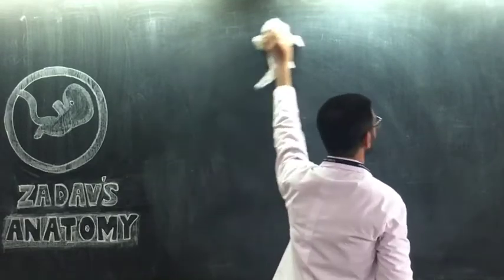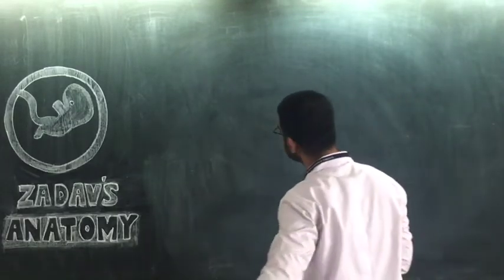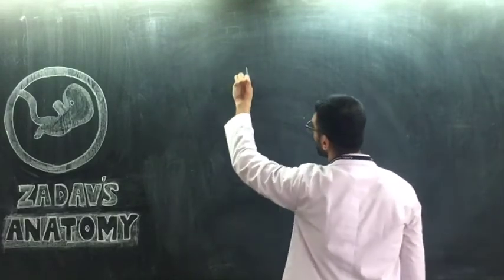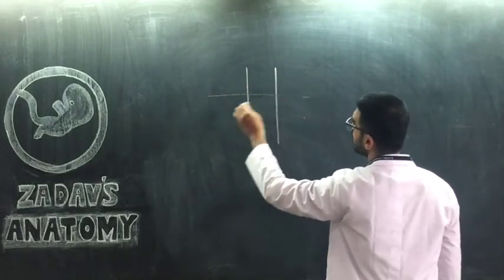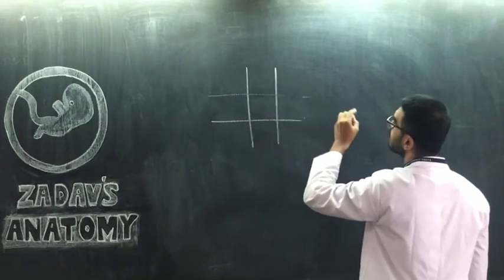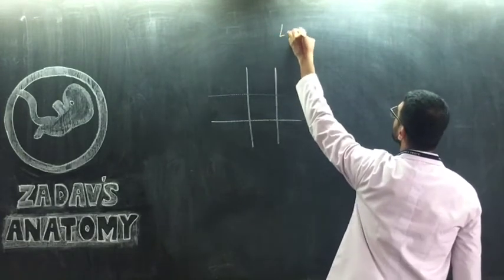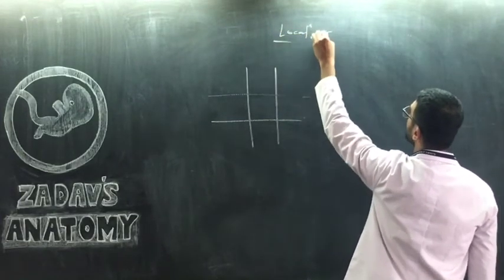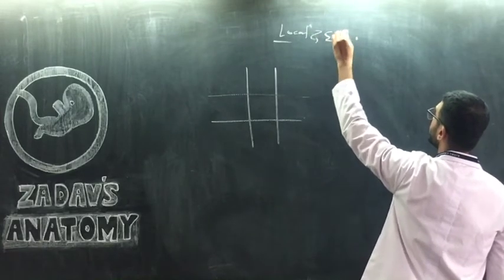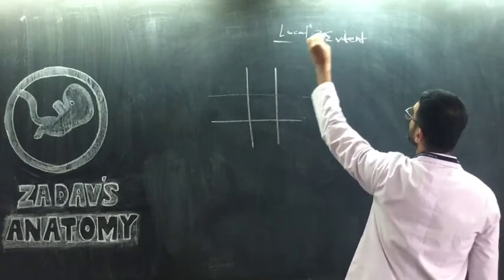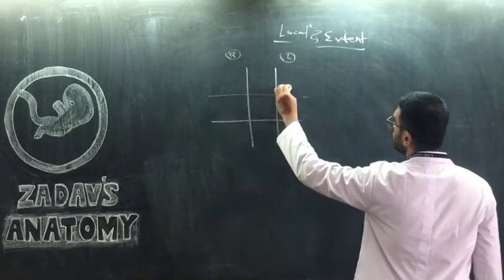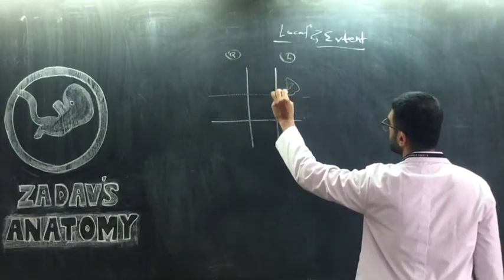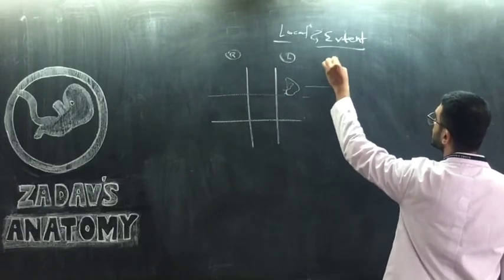Like I said before, you always start with the quadrants when you speak about location. So I'm just going to draw both the midclavicular lines, the transpyloric and the transtubercular plane. Location and extent: it is located in the left hypochondriac region.